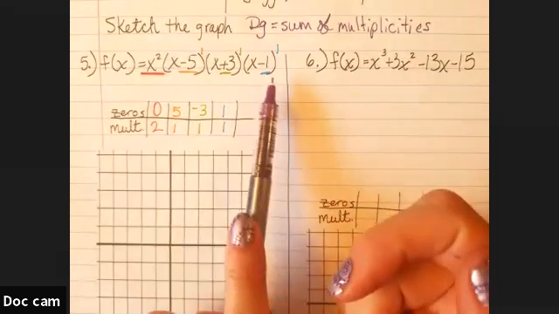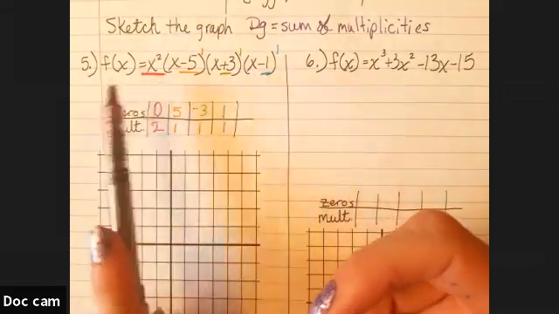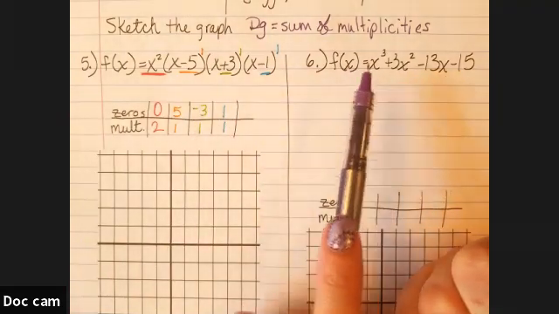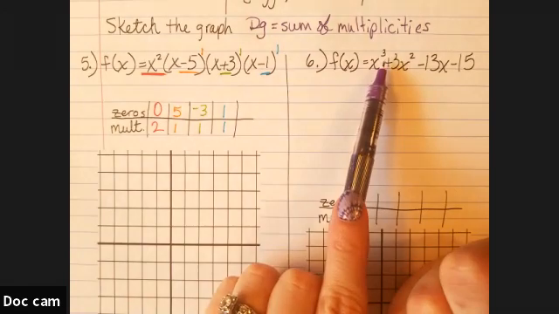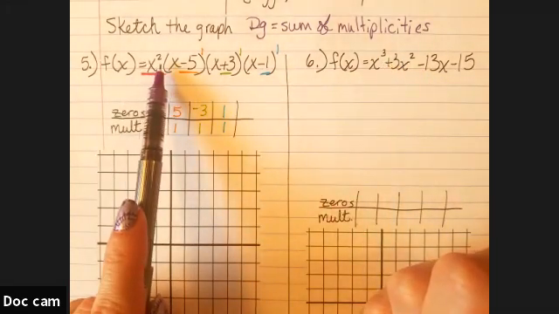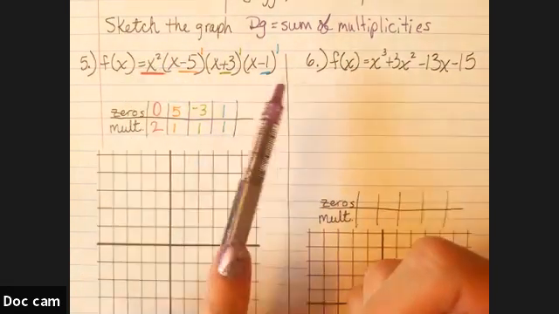So when your function is in factored form like this, the degree isn't as obvious as it is when it's in expanded form like this. Like here we can just obviously see that the degree is 3. But here it doesn't work that way. Some people think, oh, the degree is 2, but that's not right, because you have to add up.